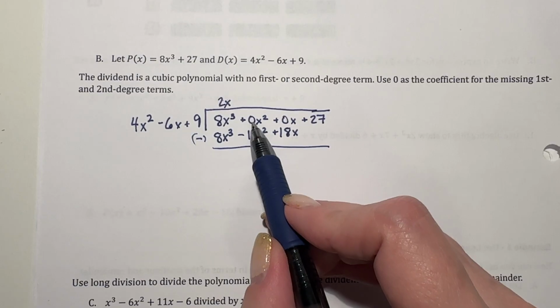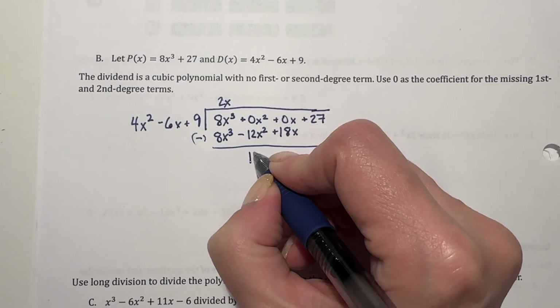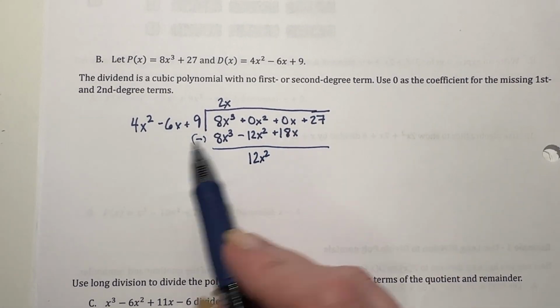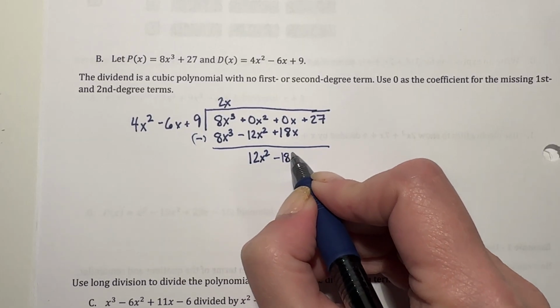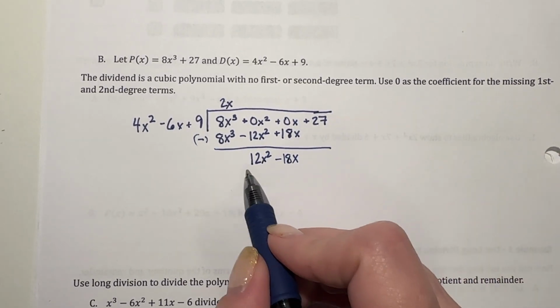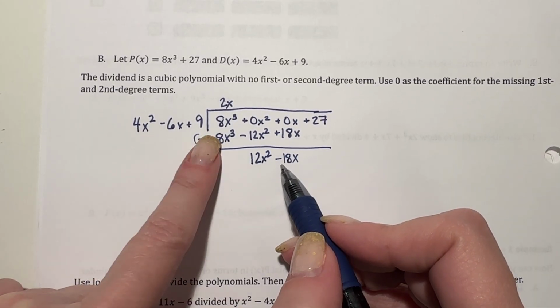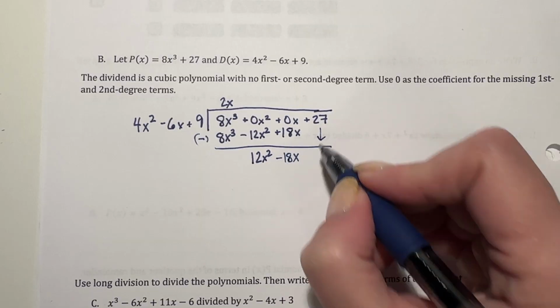Now, here's your hard one. 0 minus negative 12 gives you positive 12x squared. Then you have 0 minus 18. And if you notice, now you just have a binomial, but my divisor is supposed to be a trinomial. So I'm going to bring that 27 down.